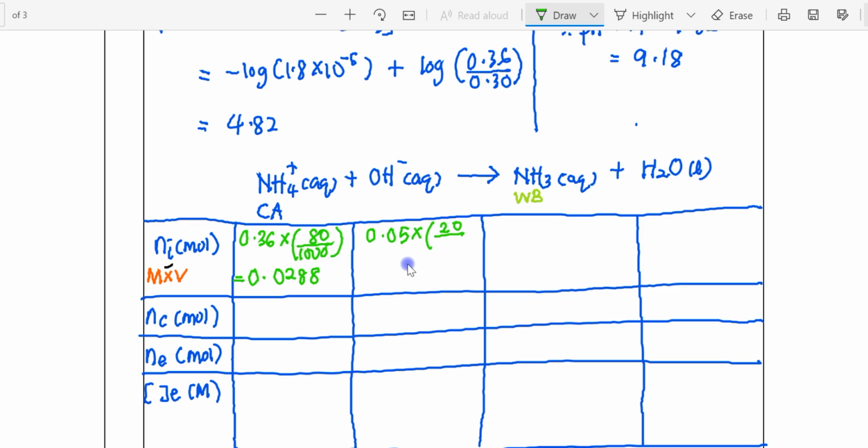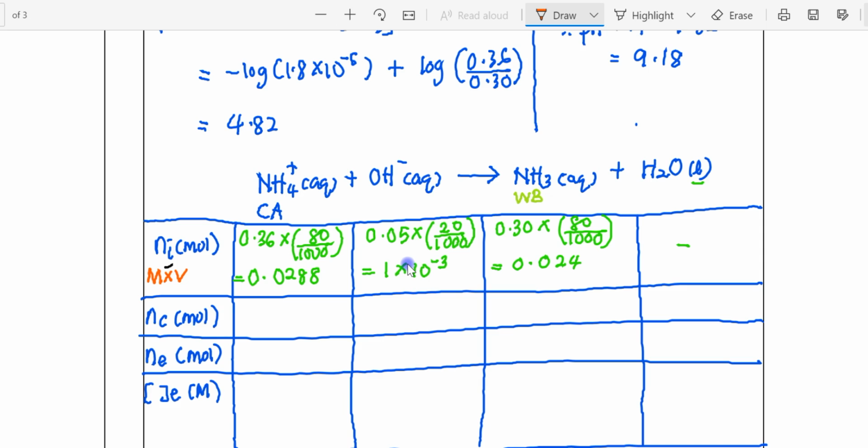As for the hydroxide ion, the concentration here is 0.05 times the volume in liters. You get 1 times 10 to the power of negative 3 mole. For the weak base, the concentration is 0.3 times the volume of the buffer solution, so you get 0.024. As for H2O, it is a liquid, so not considered, just write a dash.